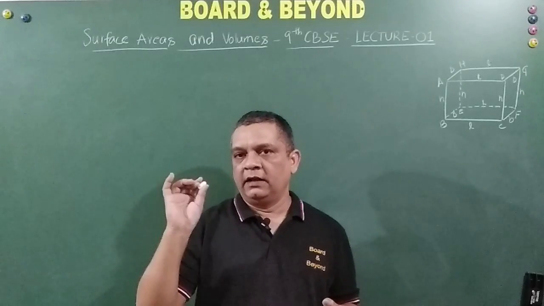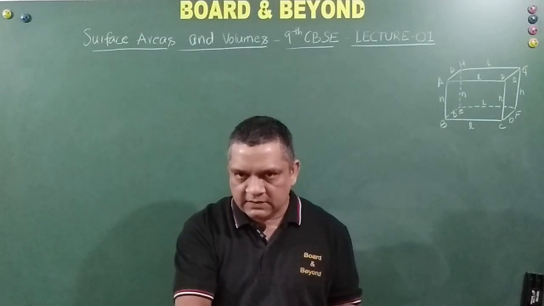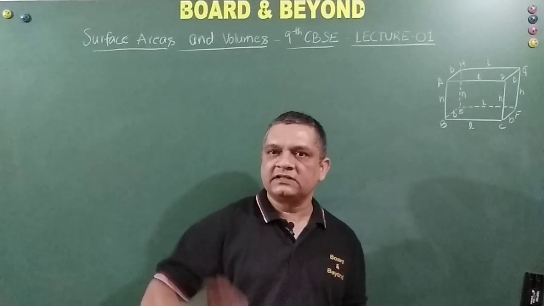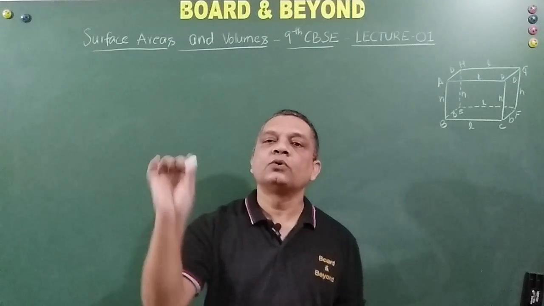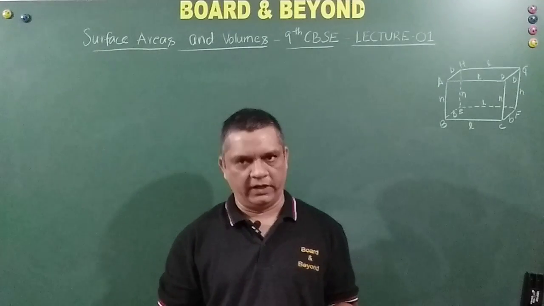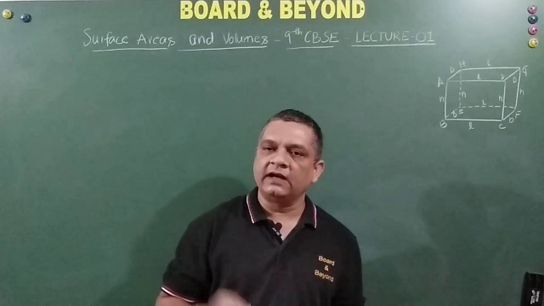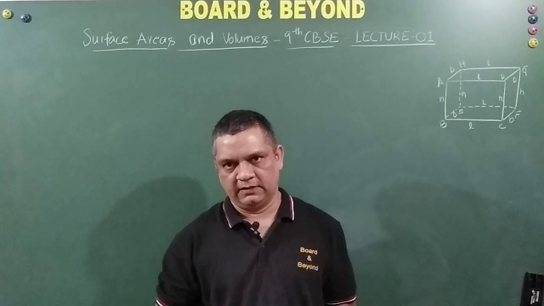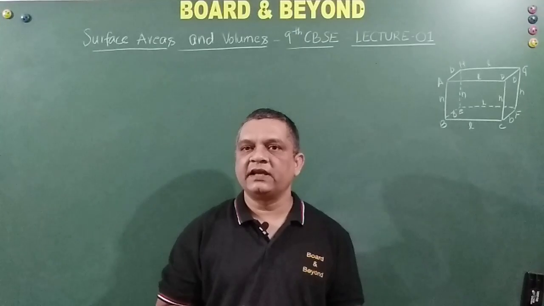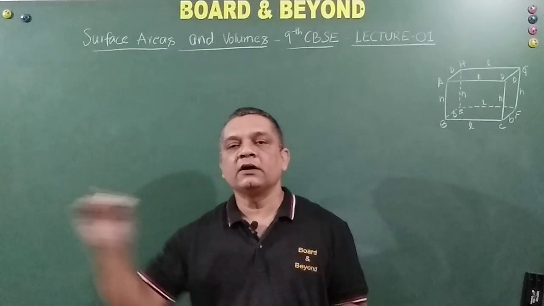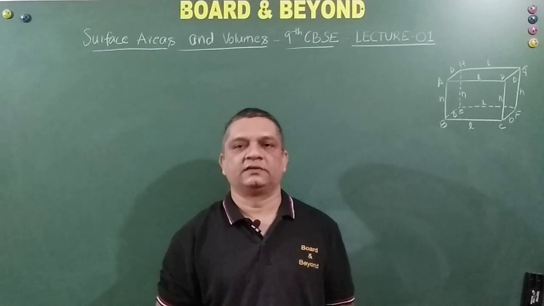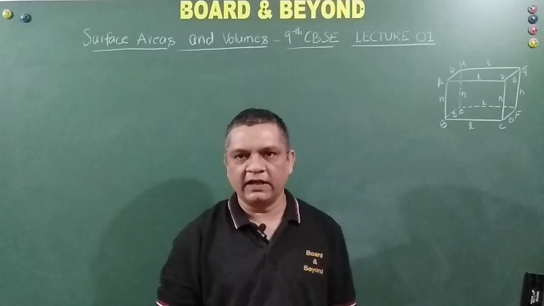Now the sum total of the areas of all these surfaces is called the total surface area of the cuboid. But we should also understand what lateral surface area is. Lateral surface area is nothing but the area of the 4 walls around you, friends. I hope you are getting it.